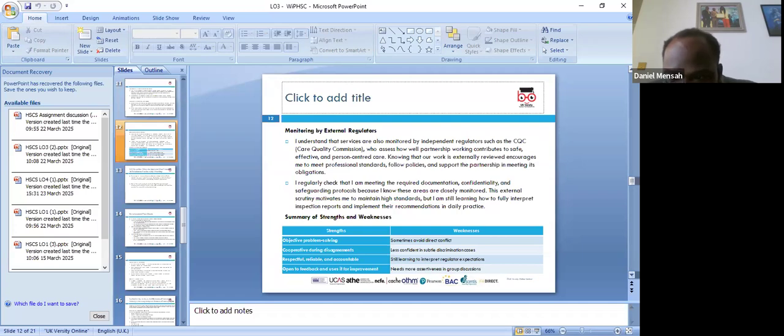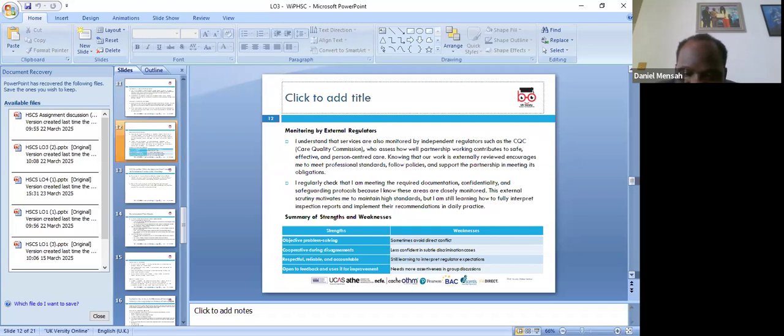Knowing that our work is externally reviewed encourages me to meet professional standards, follow policies, and support the partnership in meeting its obligations. I regularly check that I'm meeting the required documentation, confidentiality and safeguarding protocols. These are areas that are closely monitored. External scrutiny motivates me to maintain high standards, but I'm still learning how to fully interpret inspection reports.